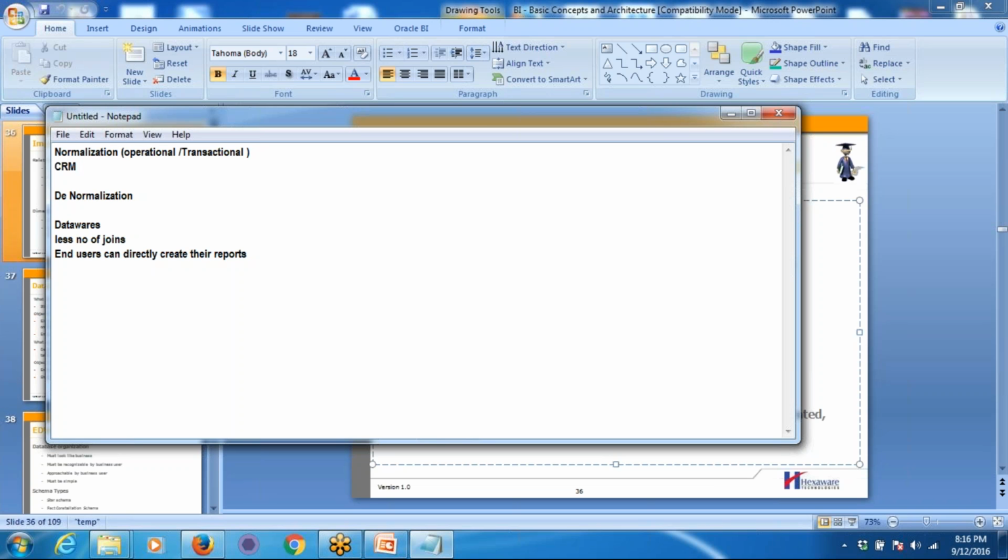We work on the transaction application. From the source service we get data and process it accordingly with the CRM application, which creates the tables and mappings, everything is done in that only, and we generate reports.